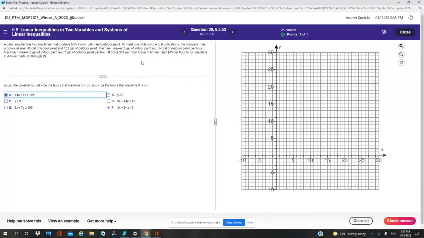Machine 1's X, so 14X. Machine 2 is Y, so 7Y. So that's the minimums for the two machines. And then obviously they both have to be greater than or equal to 0, which doesn't really matter, but we'll include them because it is true. The other ones are distractors.